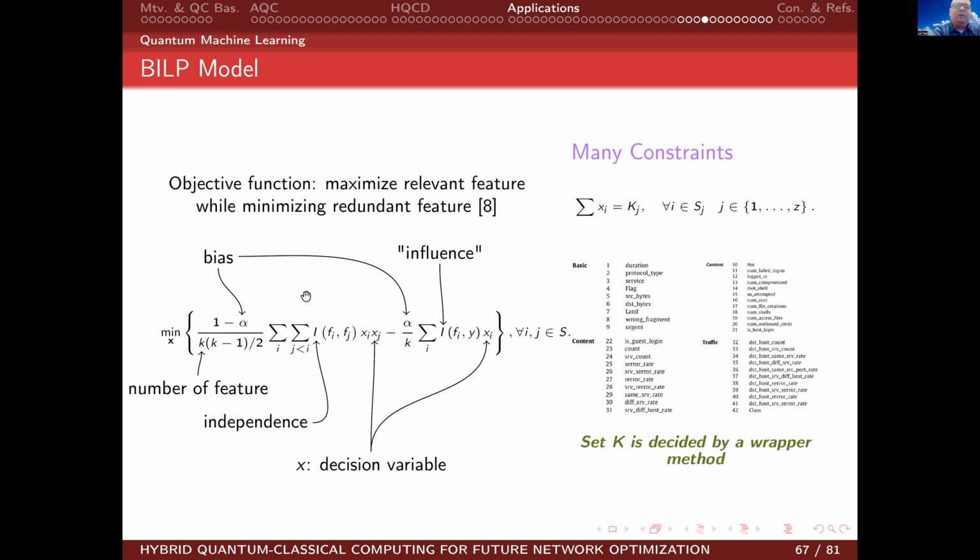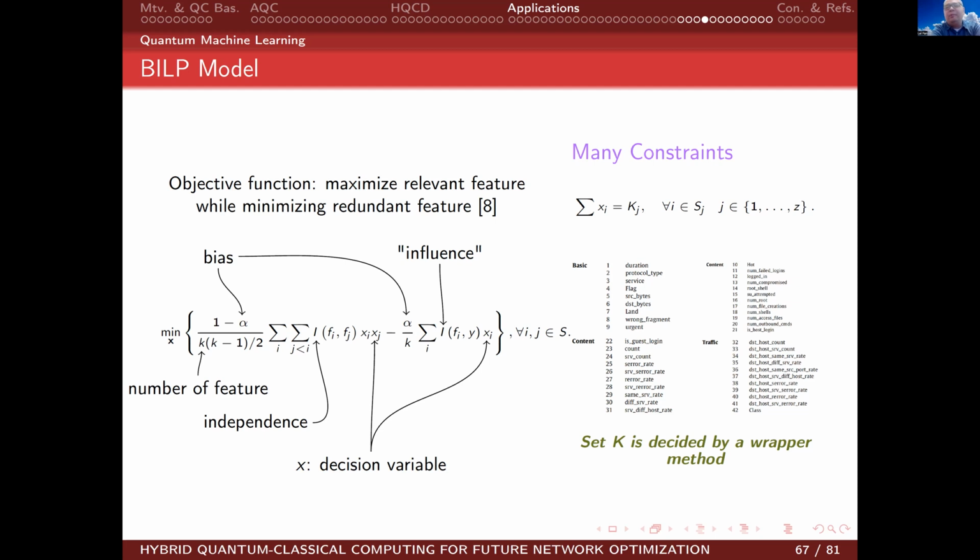Another key parameter is k. K represents how many features we keep. We need to use a hyperparameter algorithm to find the preset k.